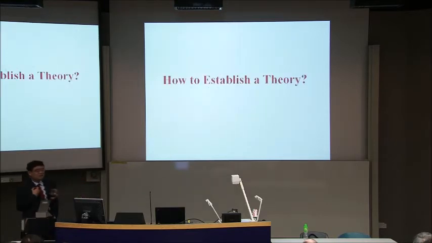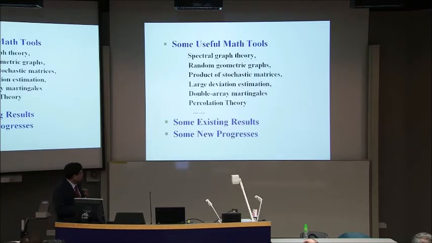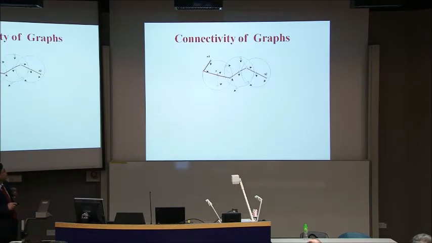So the natural question is, can you establish a theory? Here are some of the useful mathematical tools listed here, and most of these tools will be used in the study of this kind of problem. Before going further, let's have a look at the definition.